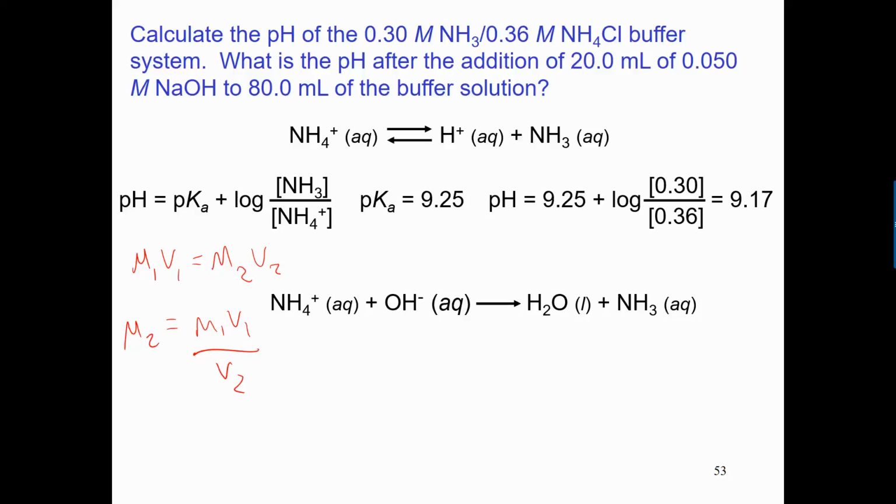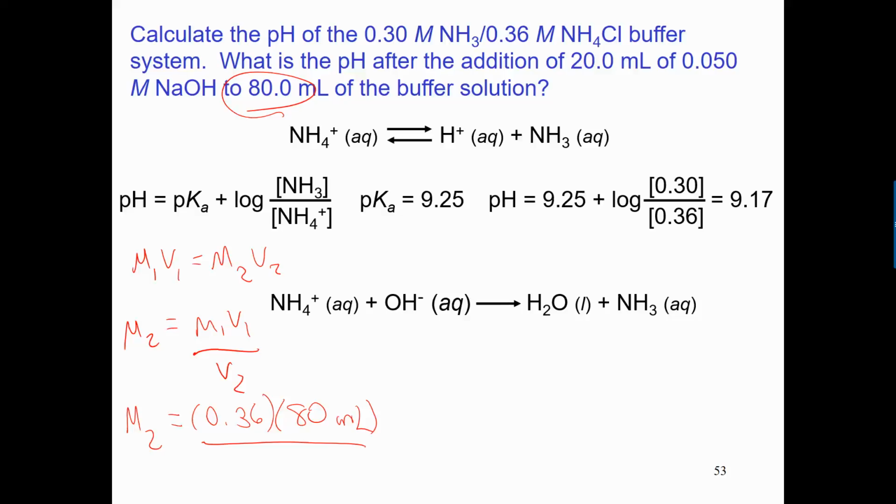So what is the new concentration of NH4 plus? 0.288. Okay? So my M1 is 0.36. My V1, my initial volume, was 80 milliliters. Do you see where I get that right there? We were using 80 milliliters of this buffer system. What is my V2? 100.